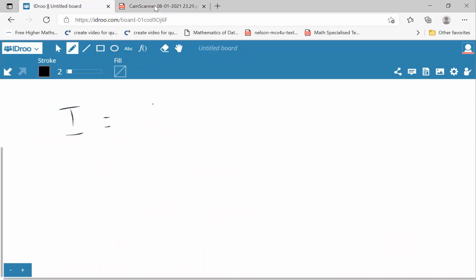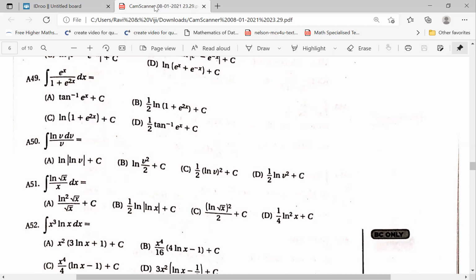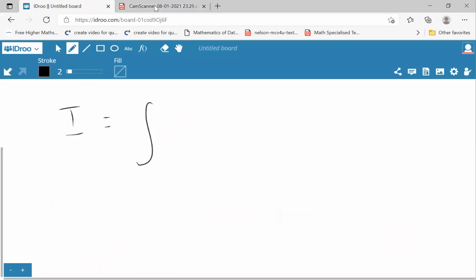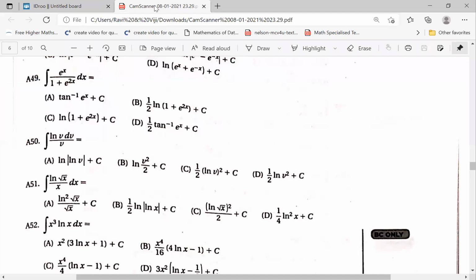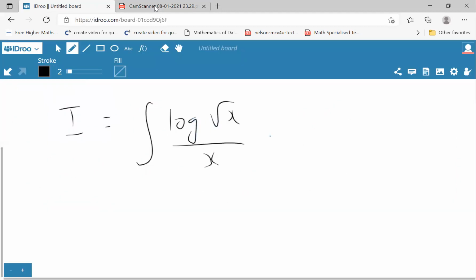Let I be equal to integration of ln of root x by x dx. So let us take root x to be equal to t.